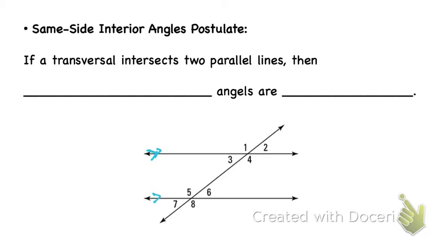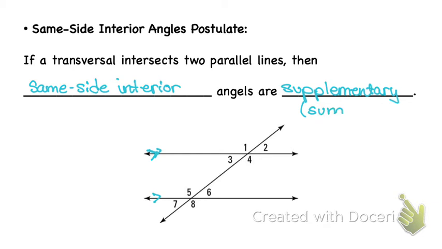And it says if a transversal intersects 2 parallel lines, then same side interior angles are supplementary. Okay, supplementary means a sum of 180 degrees.